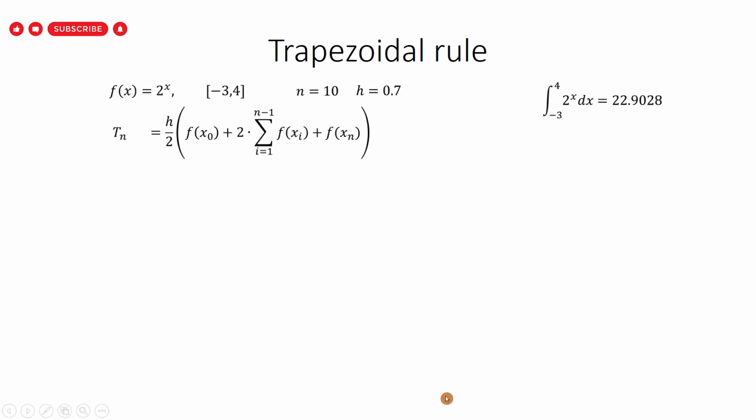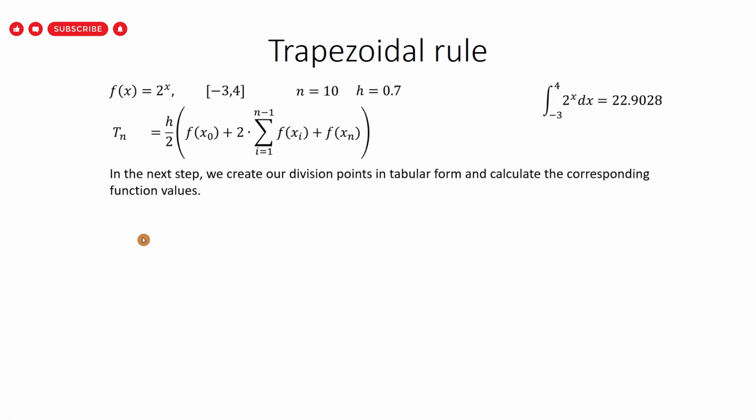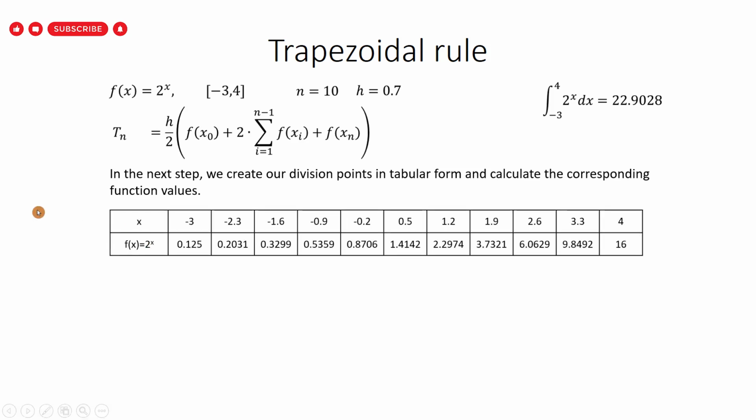That is the result for the exact solution. Let's find the numerical integration, or find the area numerically. First, we have to create our division points in tabular form and calculate the corresponding function values. See, we have x values. How do we get these values?